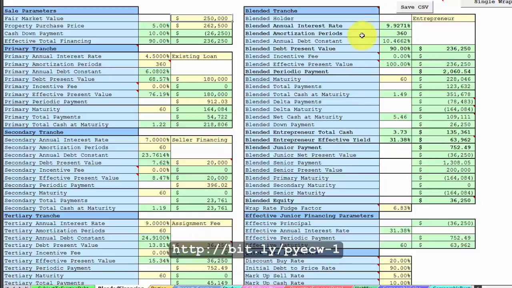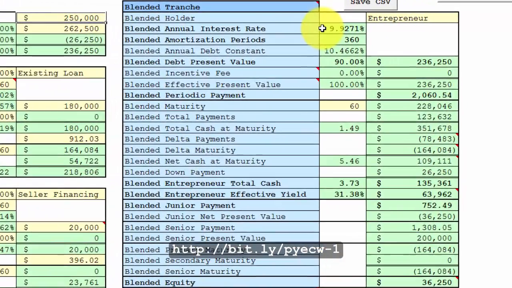By structuring it in a wraparound note, the individual payments of the primary tranche, secondary tranche, and tertiary tranche, they're all added together to form the periodic payment for the wrap. The debt present values are added together to form the blended debt present value, and then the interest rate is calculated according to the amortization periods of the primary tranche.